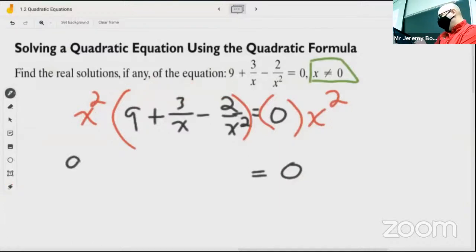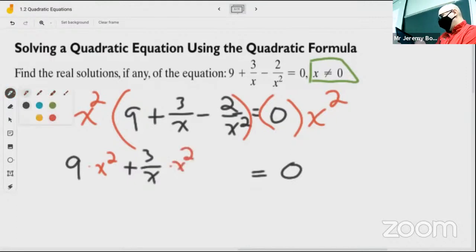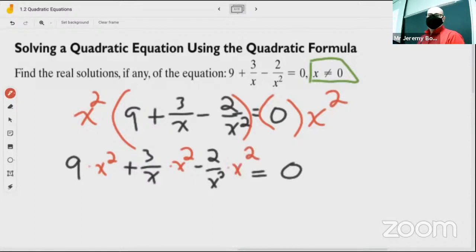It's going to be 9 times x squared plus 3 over x times x squared minus 2 over x squared times x squared. Any questions on that?